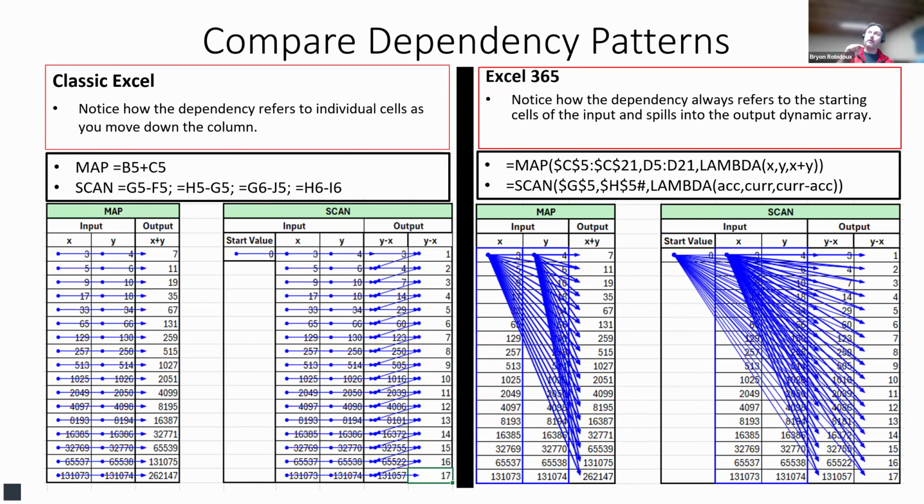This is why I call a dynamic array a supercell, because the way to keep track of this in your brain is that in Excel, the cell is the atomic unit. Even though it is a supercell and it spills into other cells, if any one of those other cells that it is working with has other calculations off in the spreadsheet and comes back and refers to that cell in any way, it's going to cause your circular reference.